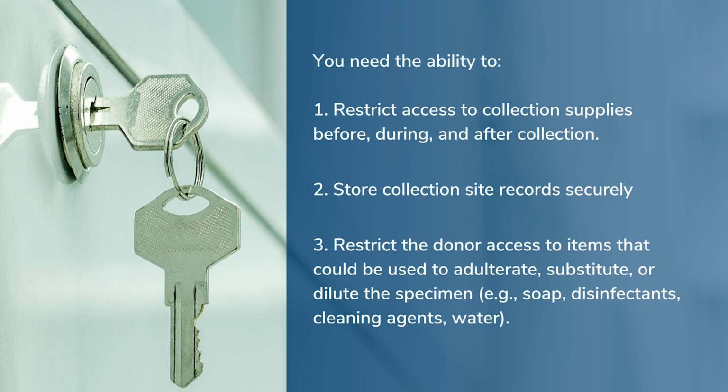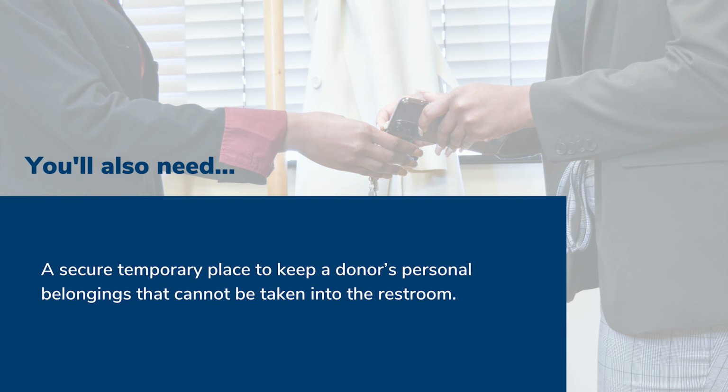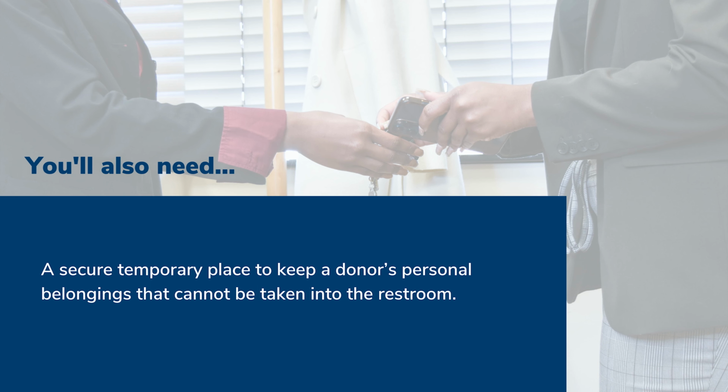Second, store collection site records securely. And third, restrict the donor access to items that could be used to adulterate, substitute, or otherwise dilute the specimen. For example, soap, disinfectants, cleaning agents, and water. You'll also need a secure, temporary place to keep a donor's personal belongings that cannot be taken into the restroom.